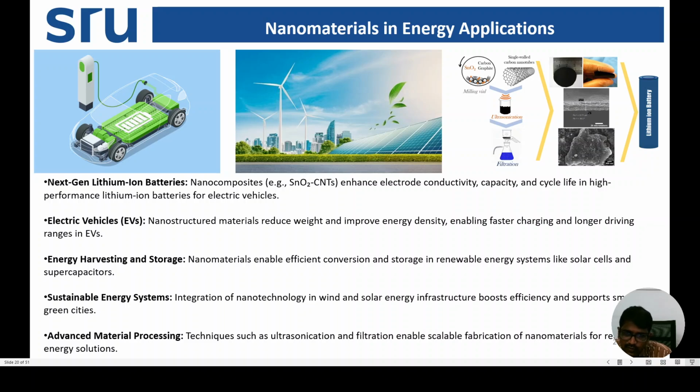The nanomaterial required for a solar cell is very different from the one required to make a battery, because it demands other properties. That's why selecting nanomaterials for different applications is very different, right?